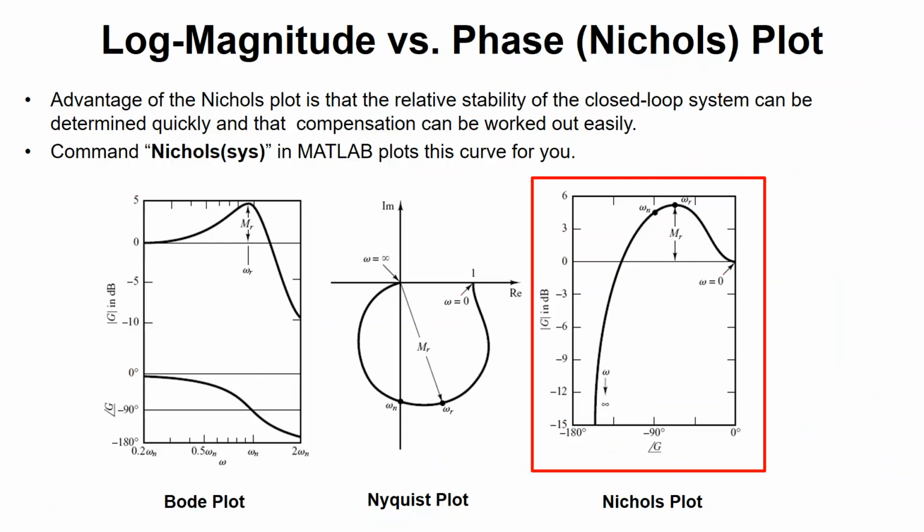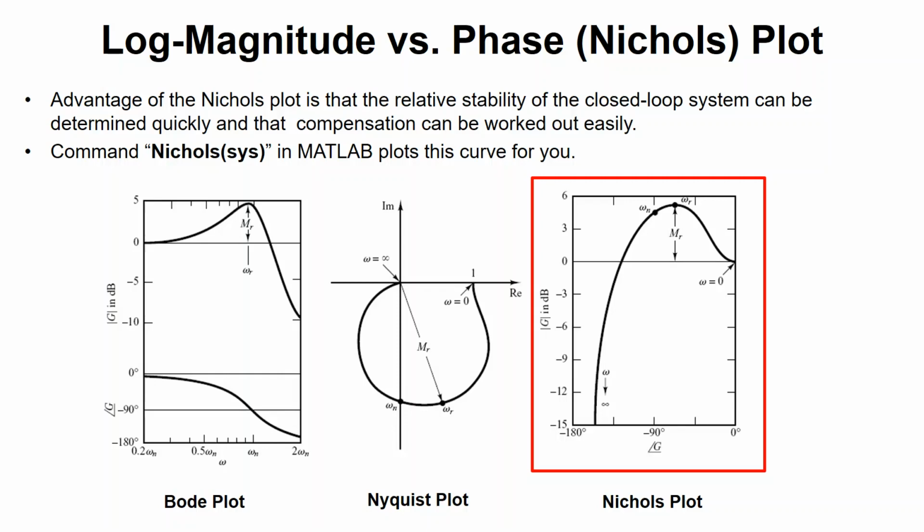Now that we have seen the Nyquist plot, let's look at one last plot that is common in frequency domain analysis, and that is called magnitude versus phase, or sometimes called the Nichols plot. So the Nichols plot is very similar to a Bode plot.